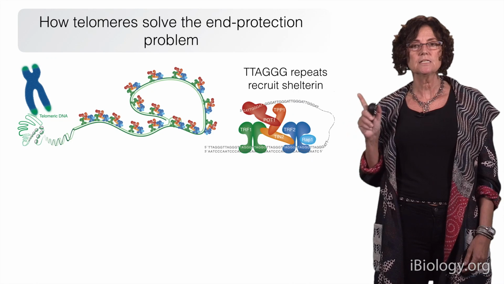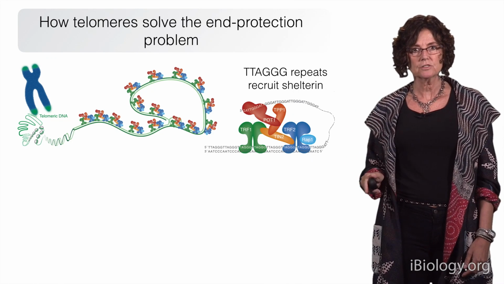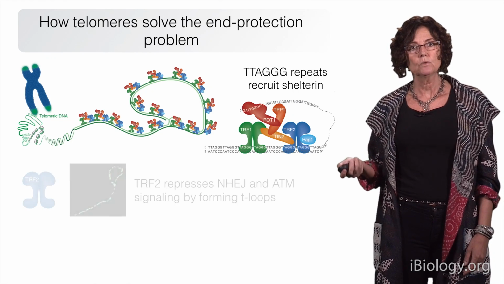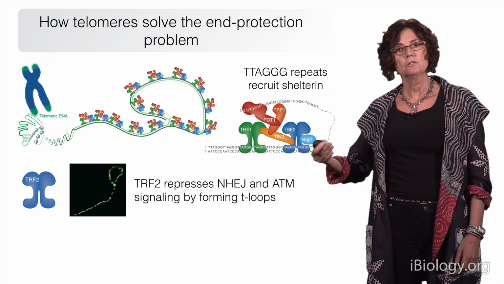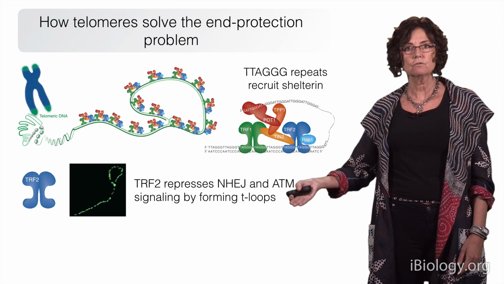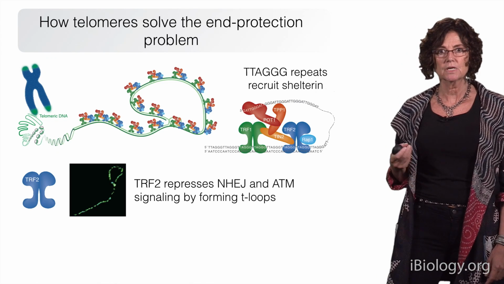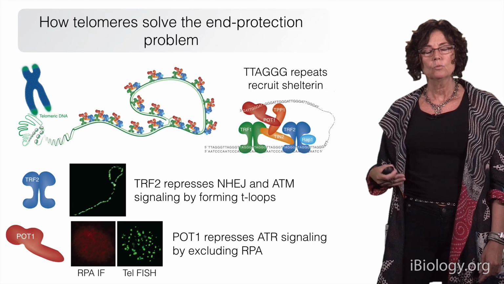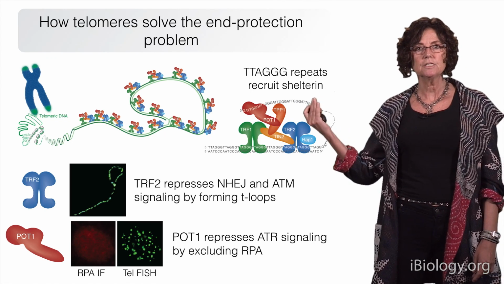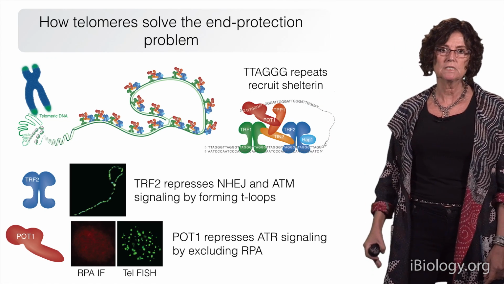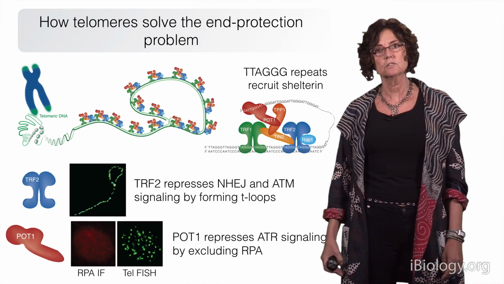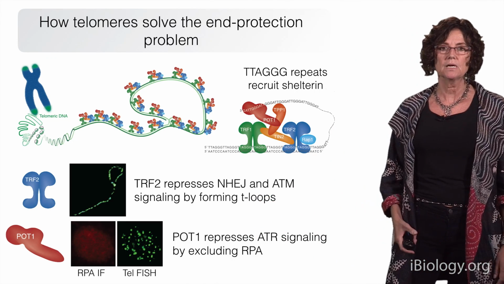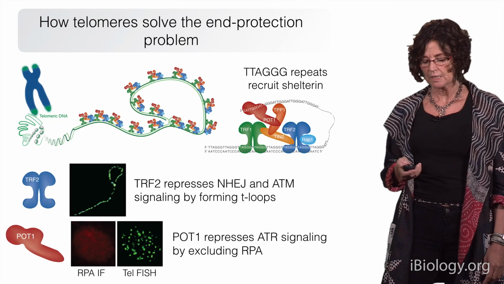And Shelterin then has 2 main factors that do the job. On the one hand, there is TRF2. It creates the T-loop structure, and this represses non-homologous end-joining and ATM signaling. On the other hand, there is POT1, which by its ability to associate with the single-stranded DNA, can repress ATR signaling by keeping RPA off the telomere.